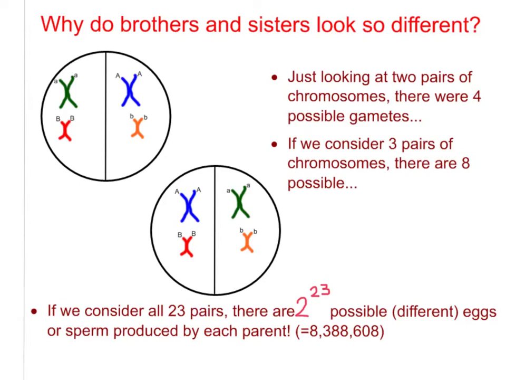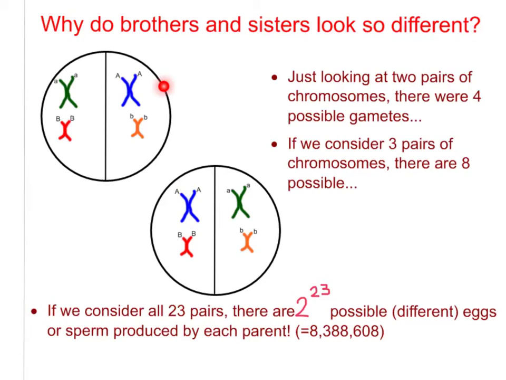Now remember, we're getting these 4 different gametes that are being produced by an individual's diploid cell, because we have those other possibilities. Remember the option number 2, these could assort in different directions.